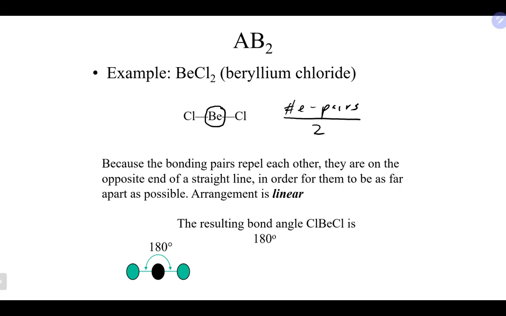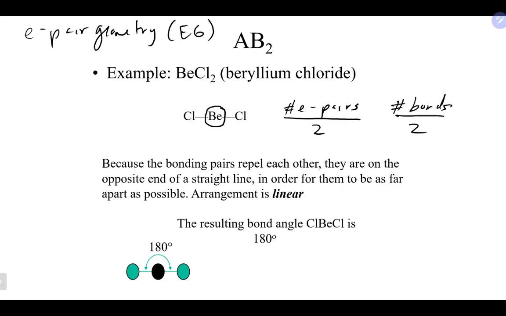They're both bonds. Yeah, so there's 2 electron pairs. The number of bonds here is 2 as well. Now, something with 2 electron pairs, the electron pair geometry, I'll just call it the electron geometry, is also going to be linear.